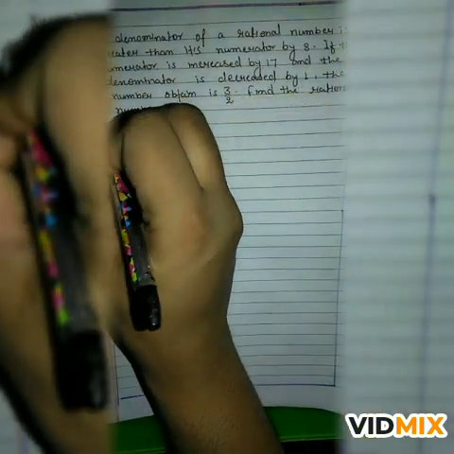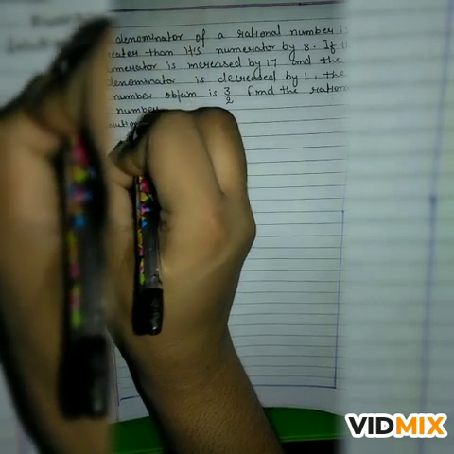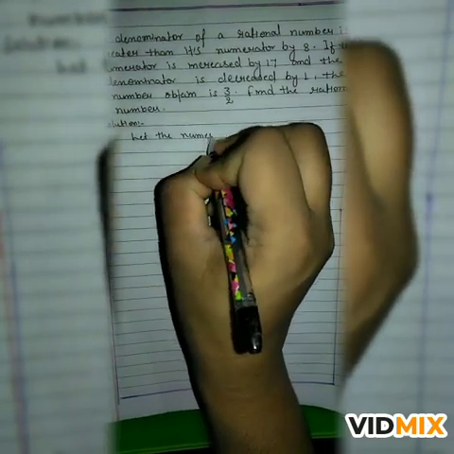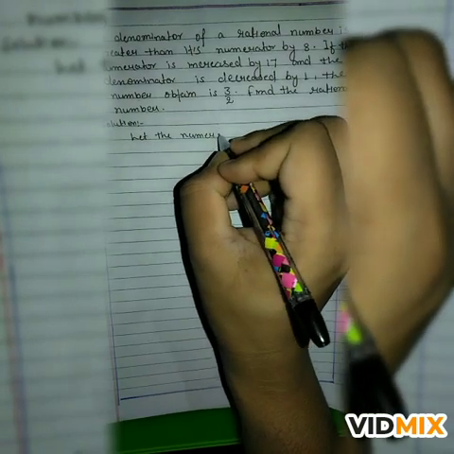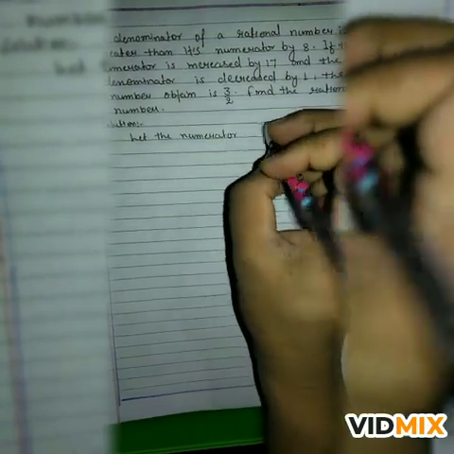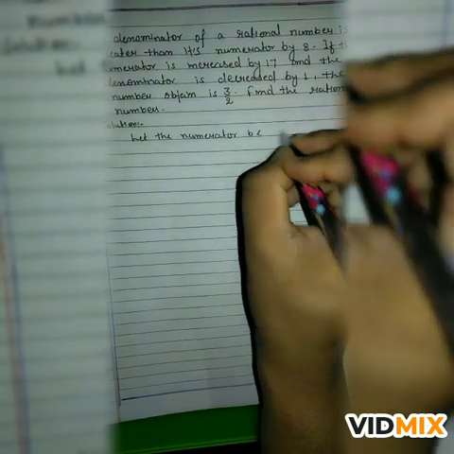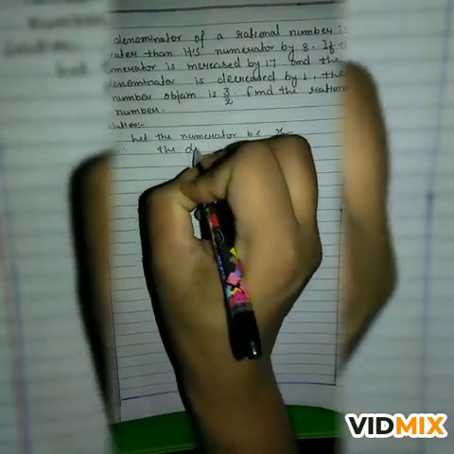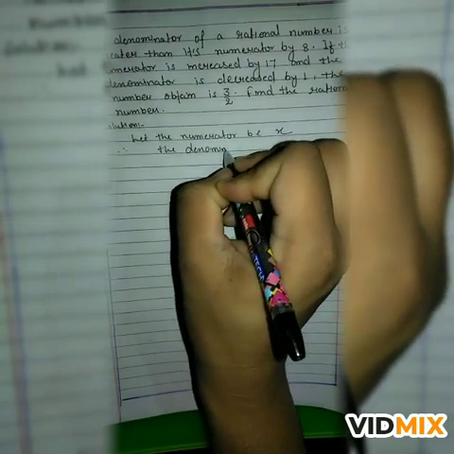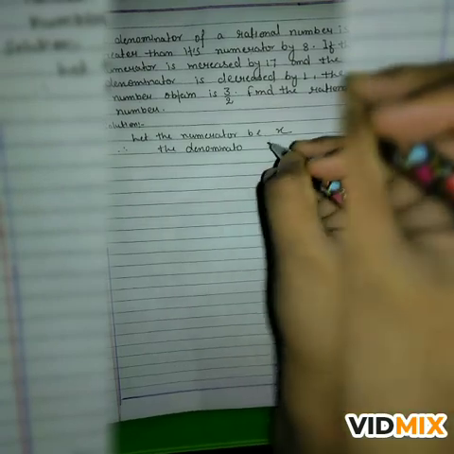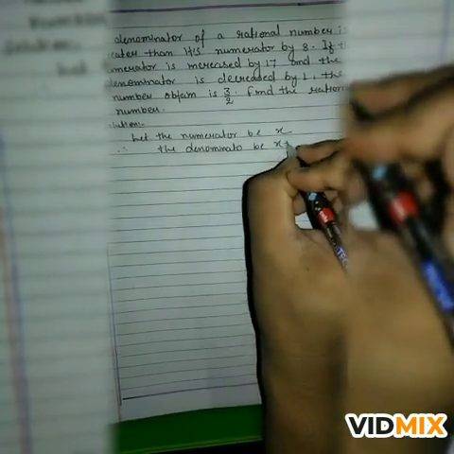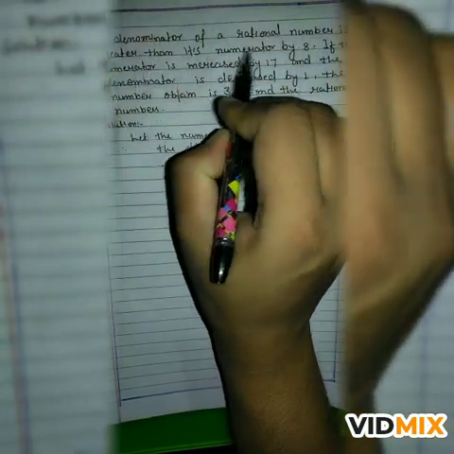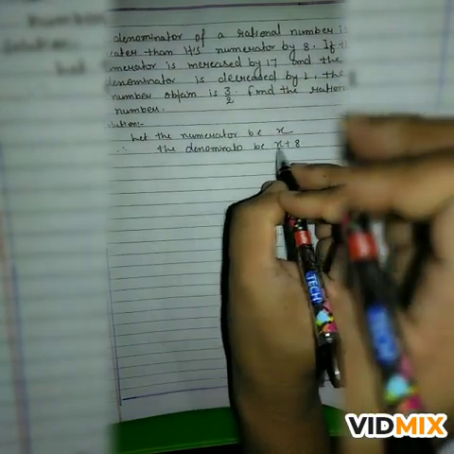Let the numerator be x, therefore the denominator will be x plus 8, because according to the question the denominator of a rational number is greater than its numerator by 8.